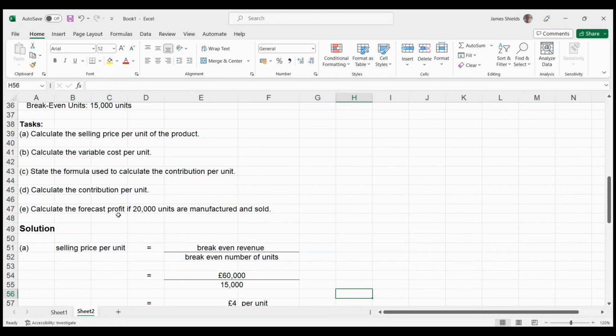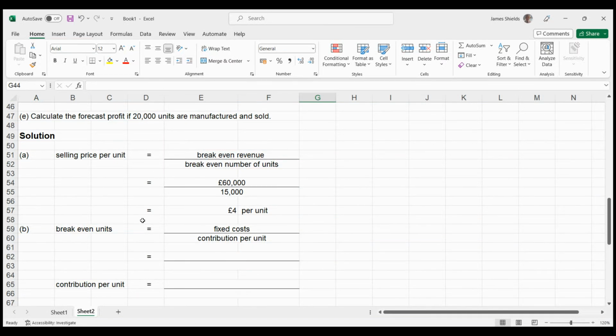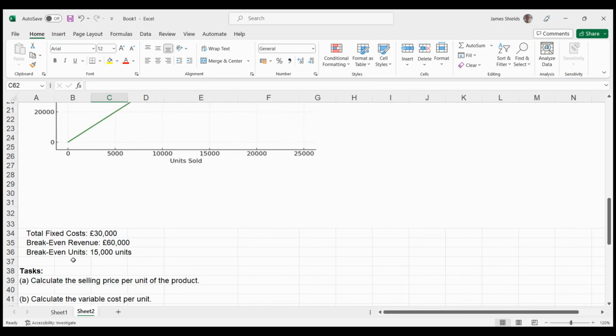Now, part B, calculate the variable cost per unit. So, variable cost is part of contribution per unit. So the break-even units equals the fixed costs over the contribution per unit. Break-even units, again, we just worked out, that was 15,000. Again, that's in your diagram.